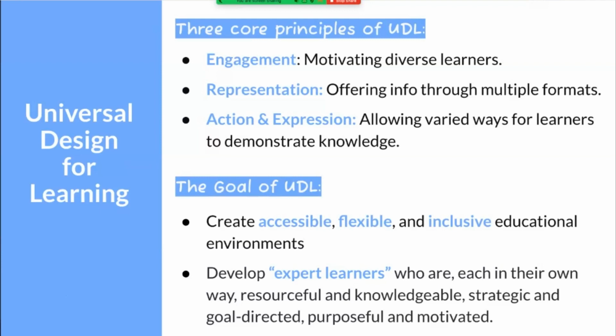And ultimately, the goal of universal design for learning is to create that accessible, flexible, and inclusive educational environment so that you can develop expert learners who are, each in their own way, resourceful, knowledgeable, strategic, goal-directed, purposeful, and motivated.